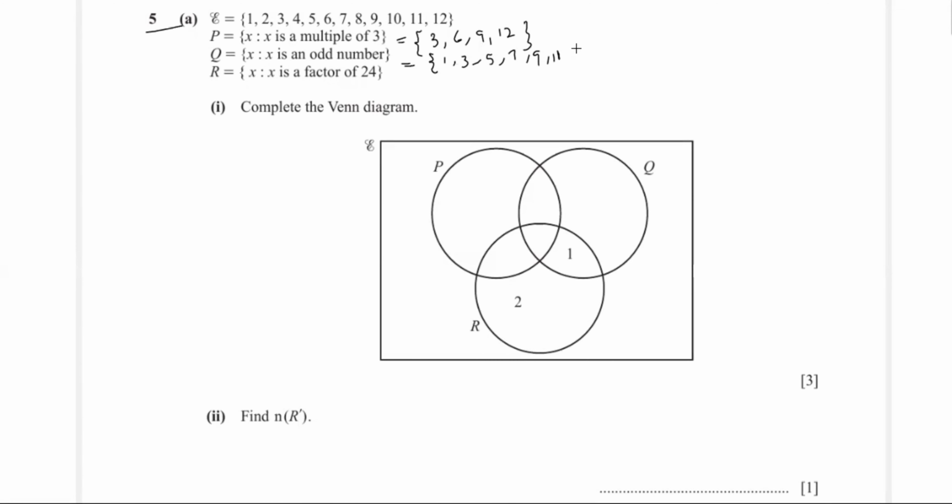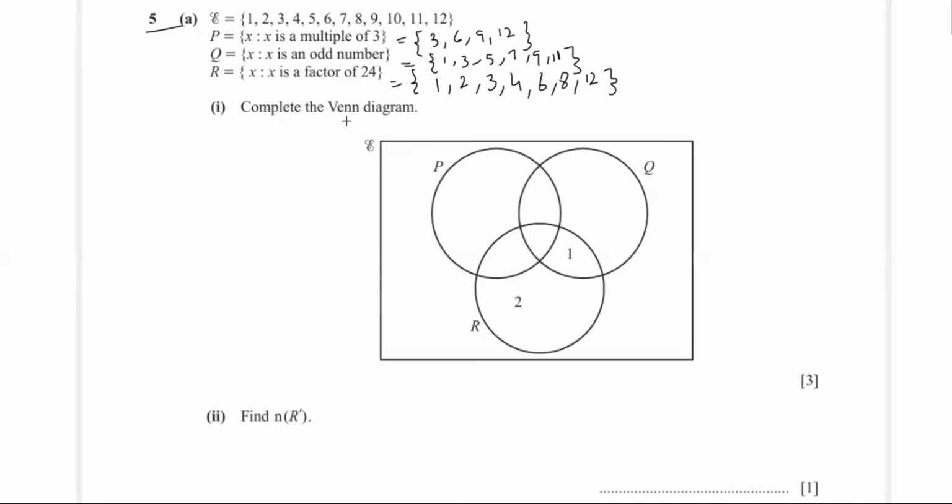The last, R, will be equal to factors of 24. That will be 1, 2, 3, 4, 6, 8, 12. These are the factors of 24.